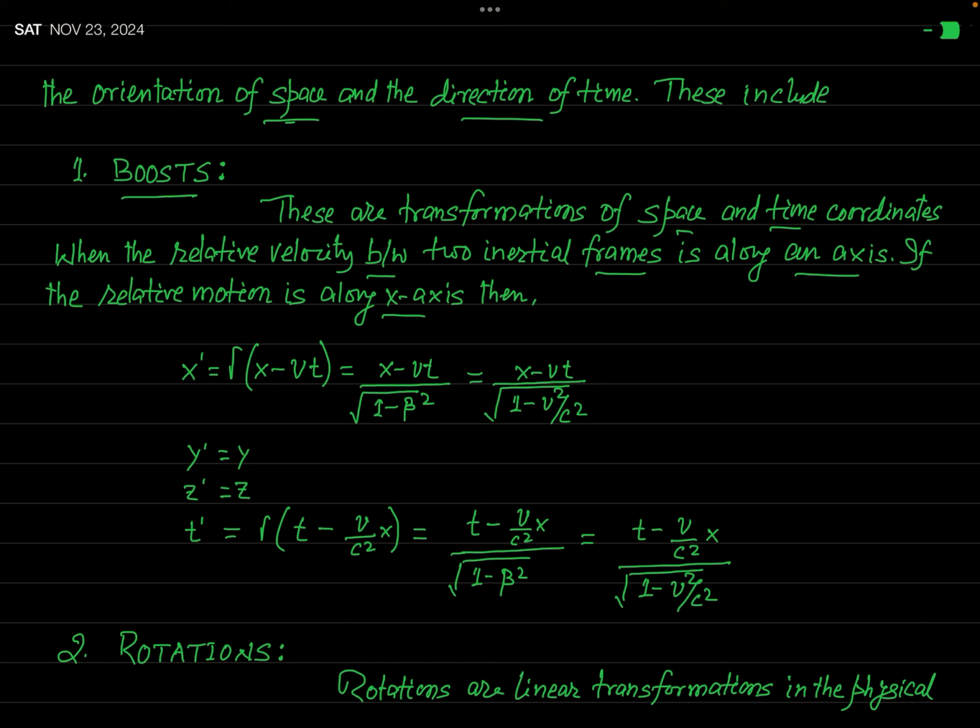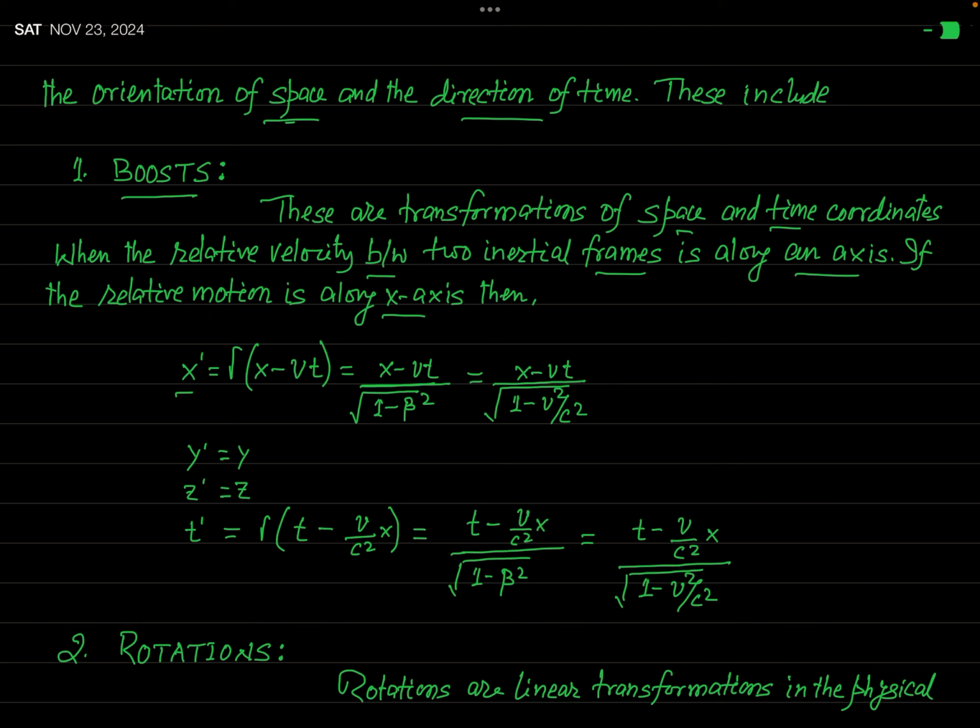I have derived the results for this transformation in my previous video, so I have written the transformation directly here. You can see x dashed is given as gamma times (x minus vt). And you know gamma is given by 1 over the square root of 1 minus beta square. So x dashed is equal to (x minus vt) over the square root of 1 minus beta square.